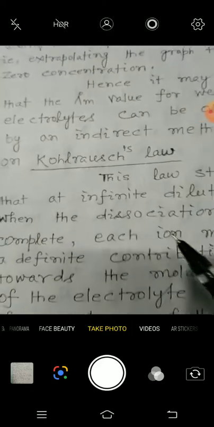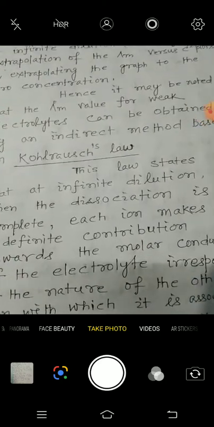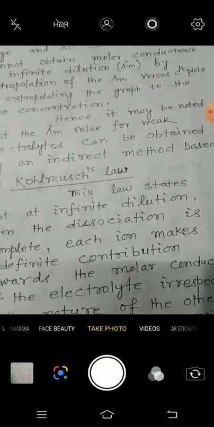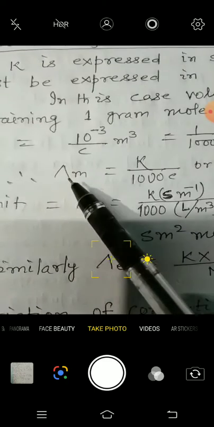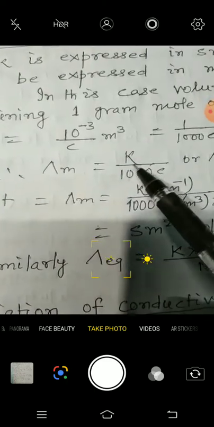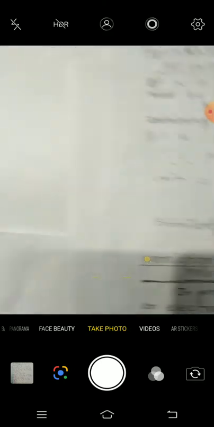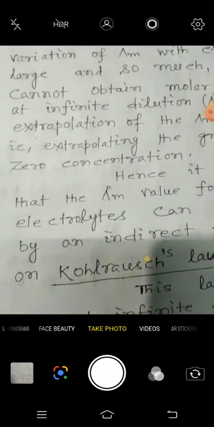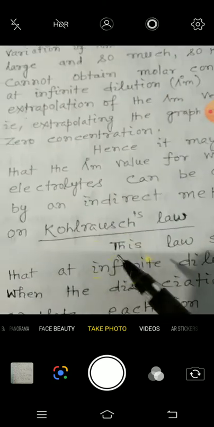I mean to say here that the formula to get the molar conductivity I already taught you. This is the formula to get the molar conductivity of the electrolyte. But here is the case of limiting molar conductivity, that is, is there any limit of the molar conductivity?